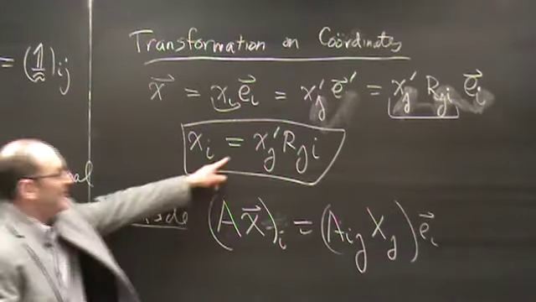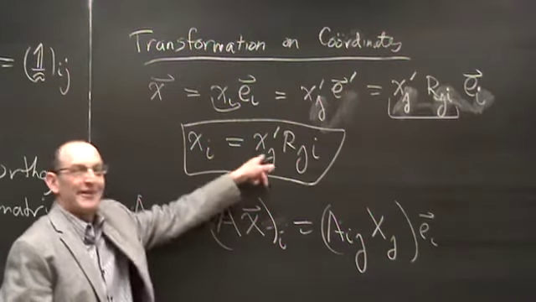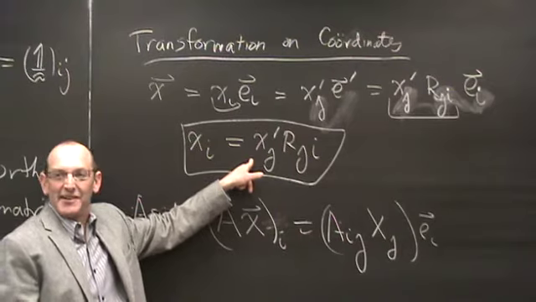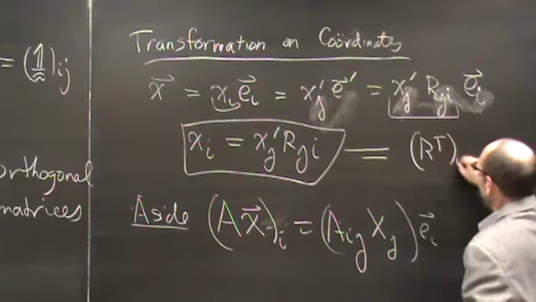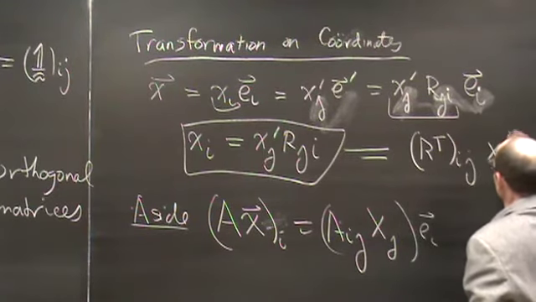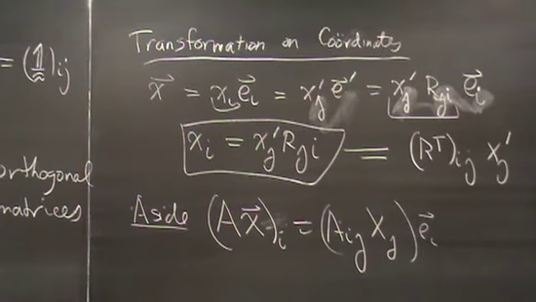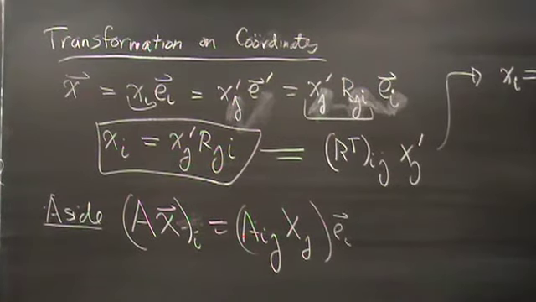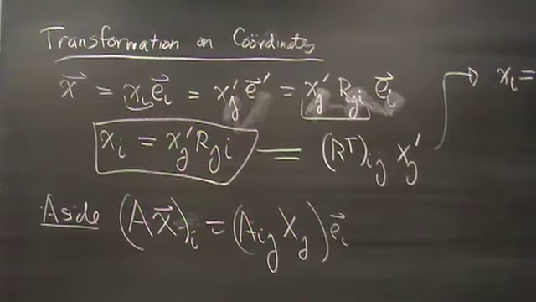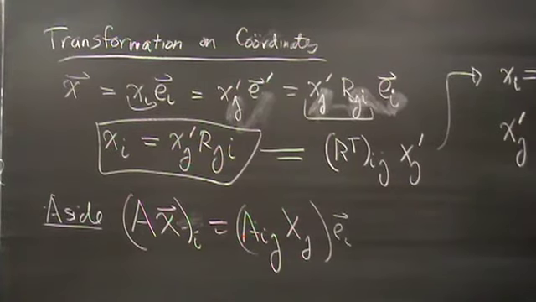Now that's not what I got here, because I'm sort of summing in the wrong direction. So I want to rewrite this as R transpose_ij times x_j prime. So we have the old coordinates are equal to the transpose of that matrix ij times the new coordinates. But that's not what we want. What we want is what are the new coordinates in terms of the old coordinates. So I have to take the inverse of this equation.